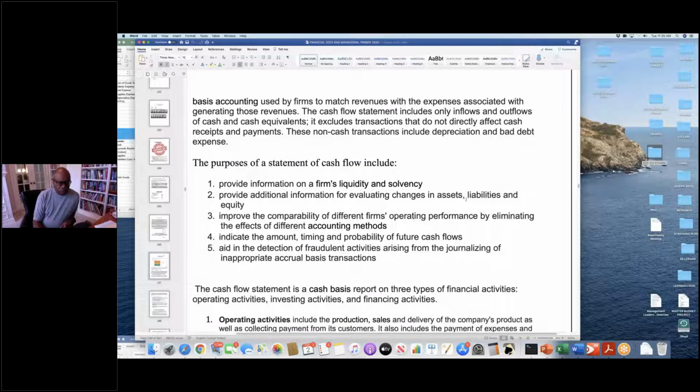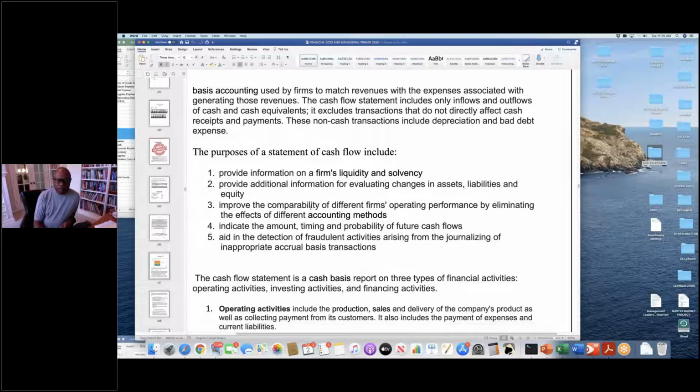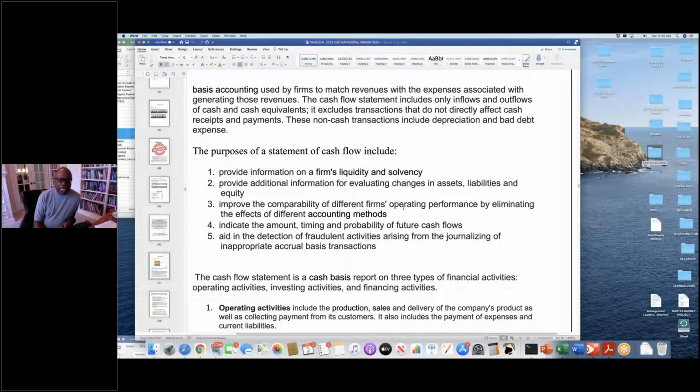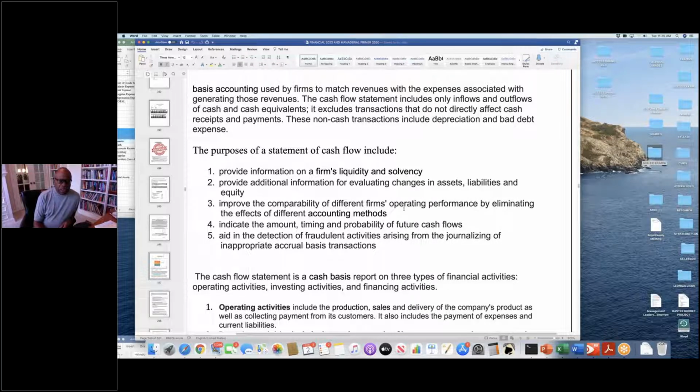And so once again, you can compare firms. If you're going to make decisions on investing in a company, then you look at the cash flow statements of various companies to see how they compare. So income statements and cash flow statements.